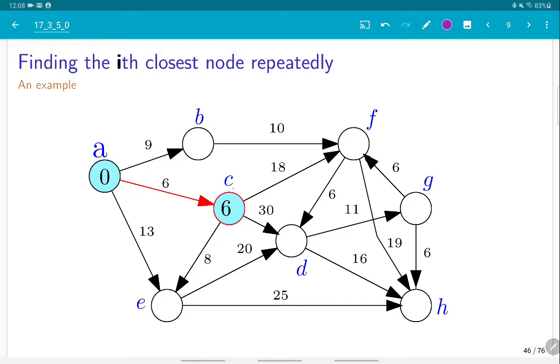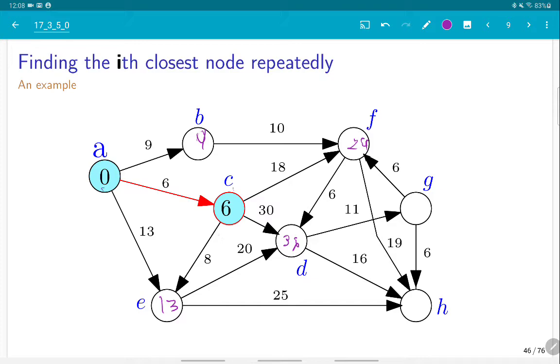Again, we repeat this argument. So this is candidate distance 9, this is 24, this is 36, this is 14 from this, but it's 13 from this, so write 13.